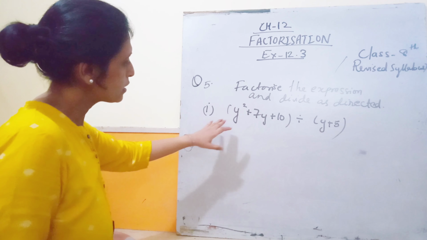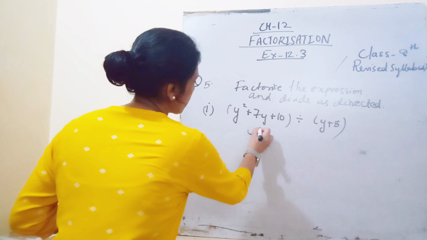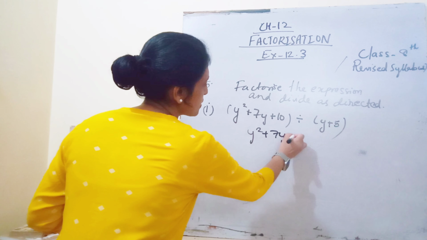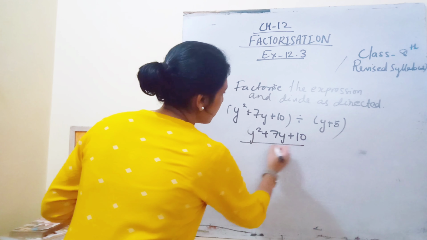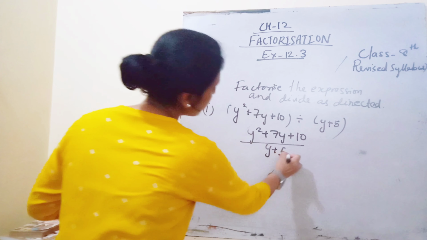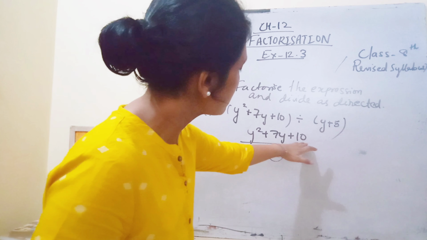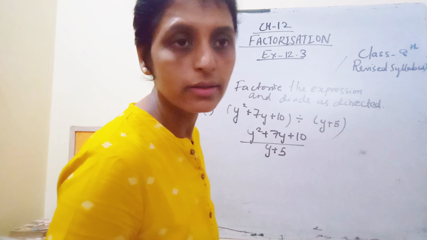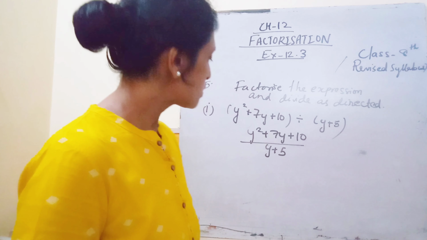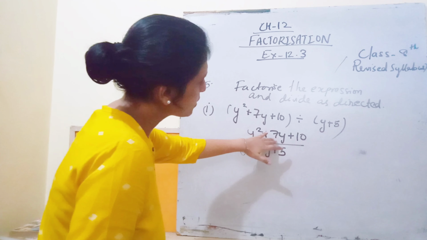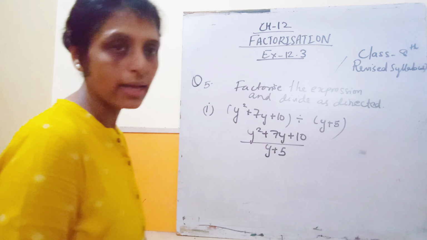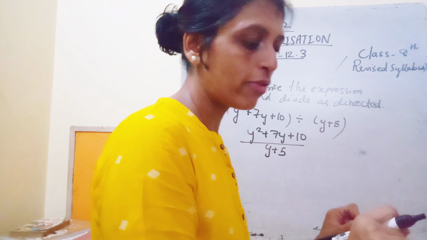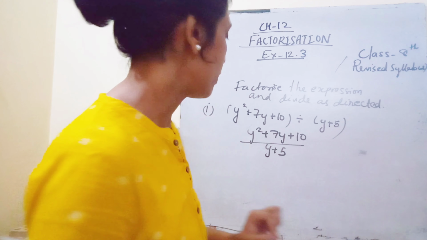In the first part, we have to divide y square plus 7y plus 10 by y plus 5. We can factorize this trinomial by splitting the middle term. Children, 7y can be written as 5y plus 2y.